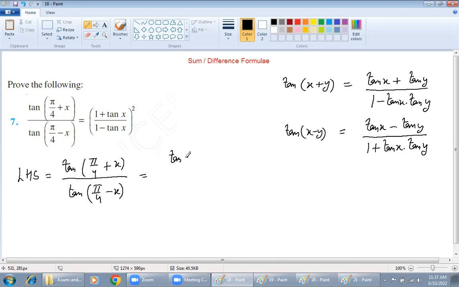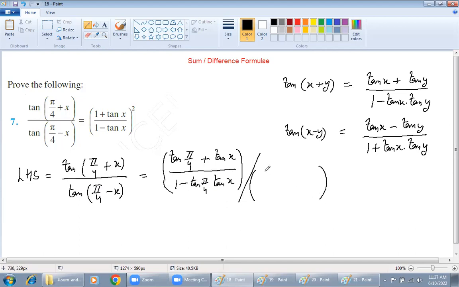So tan of pi by 4 plus tan of x divided by 1 minus tan pi by 4 into tan x. And we will divide this by tan of pi by 4 minus tan x divided by 1 plus tan pi by 4 into tan x.